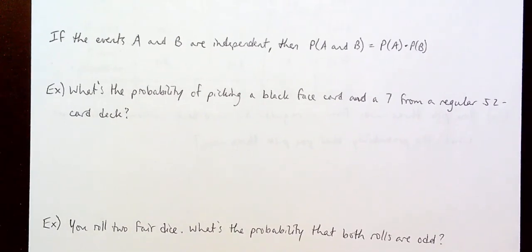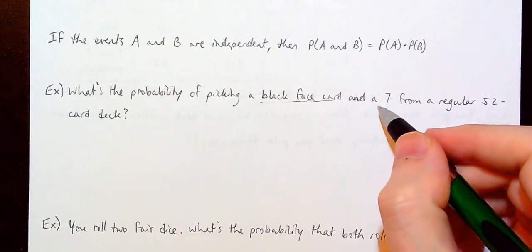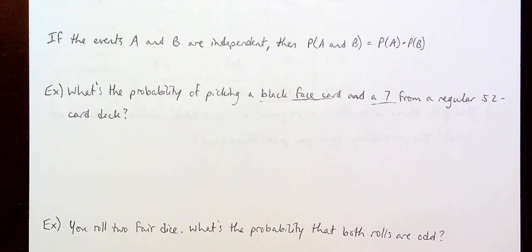What's the probability of picking a black face card and a 7 from a regular 52 card deck? So obviously these events of picking a black face card and picking a 7 are clearly independent events. We can't have both these things happening at the same time.